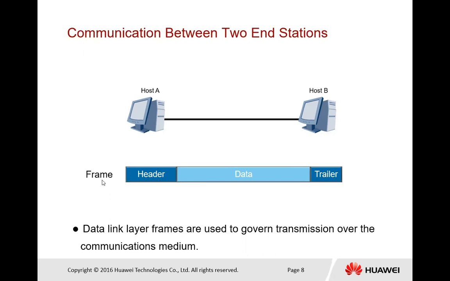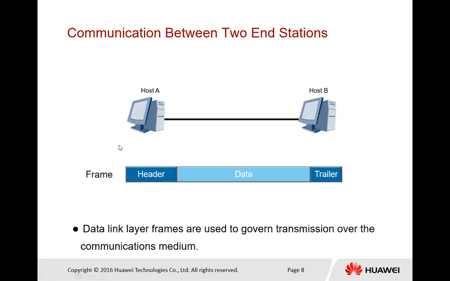All the other layers contain only the header field, but in the case of the frame, the data link layer contains another field, that is the trailer field. Its role is to maintain the integrity of data.